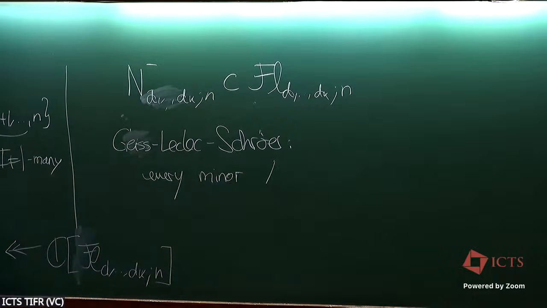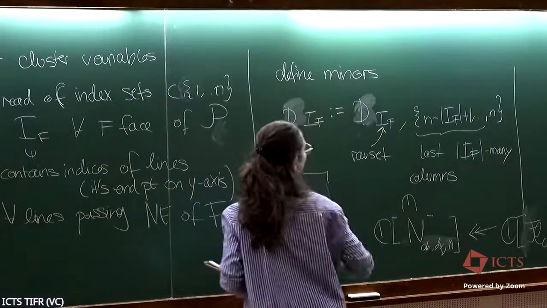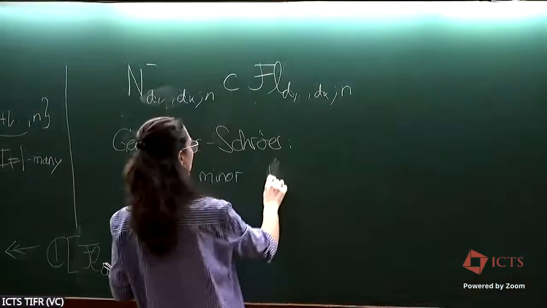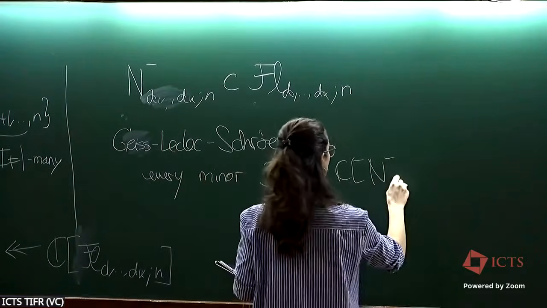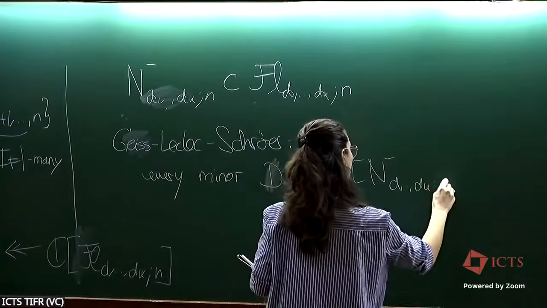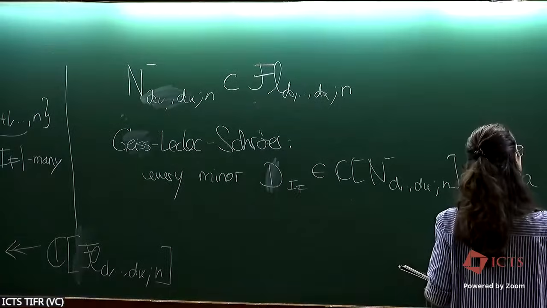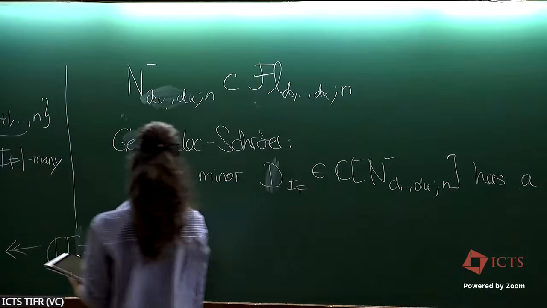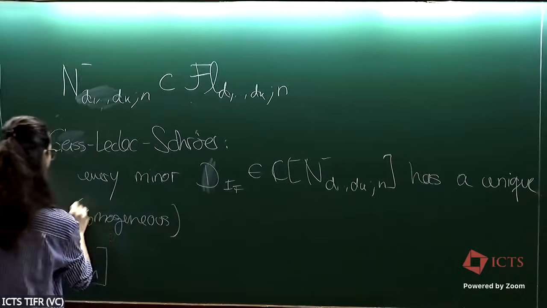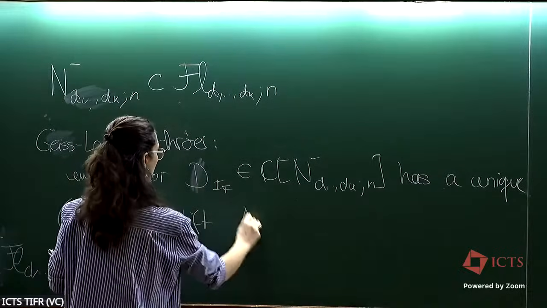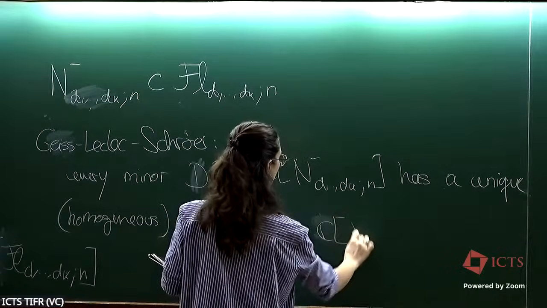Okay, let me change notation here so that I have delta for the lift. So Δ_{I,F} in this algebra has a unique homogeneous lift delta I F in my Plücker algebra.